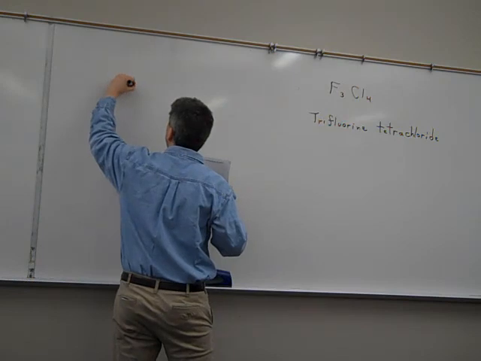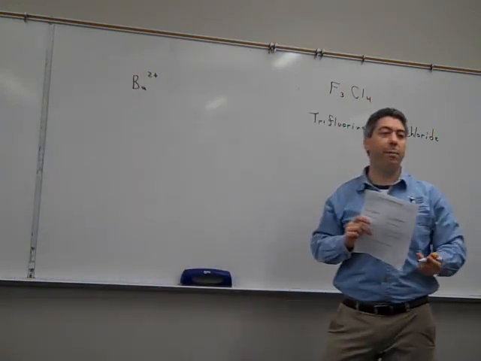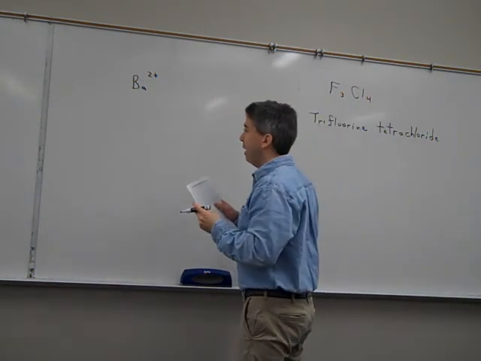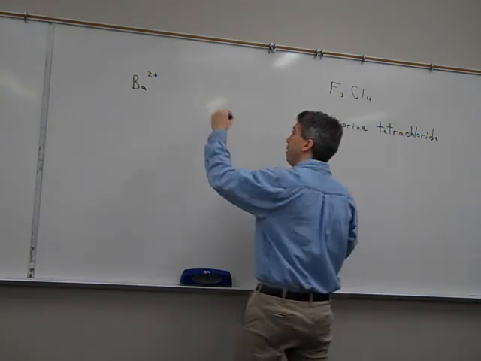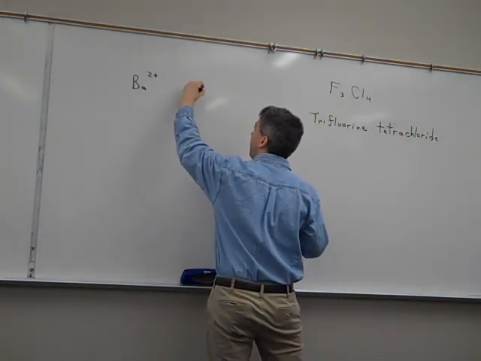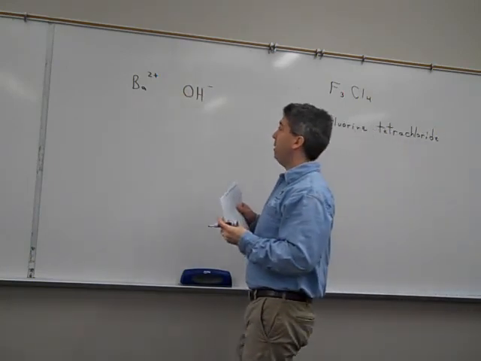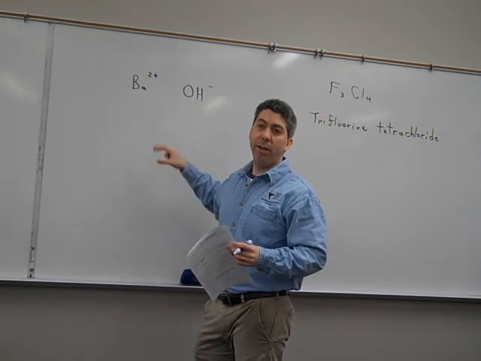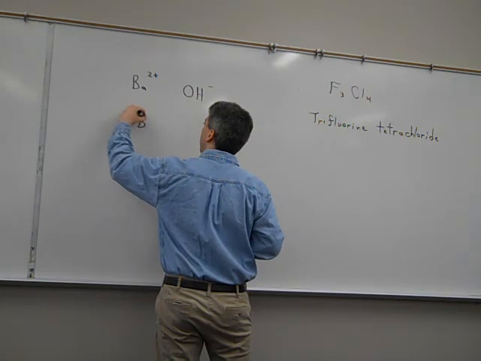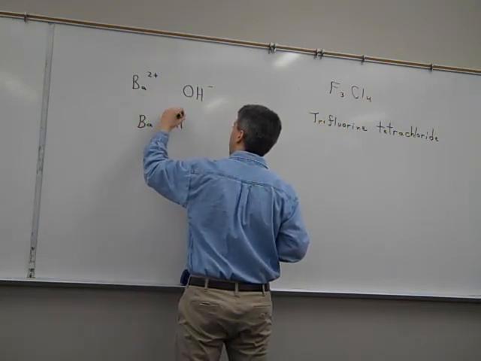Ba. And what's its charge? +2. It loses 2 electrons to be like the closest noble gas. What is hydroxide? It's a -1 polyatomic ion, OH. So how many bariums and how many hydroxides do I need? One barium, 2 hydroxides. That's right. It's the lowest common multiple of 2, so I need 1 barium to get a charge of 2 and 2 hydroxides to get a charge of 2.